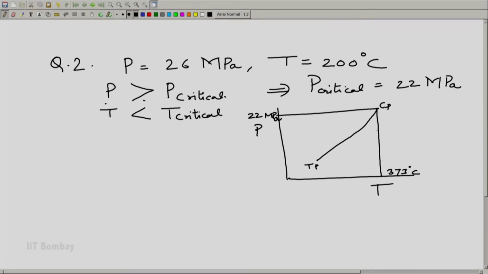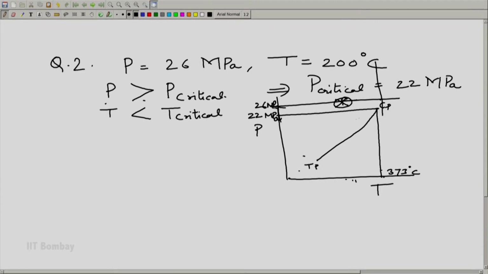So I am on this side of the temperature, and my pressure is above this. Let us say this is 26 MPa. So 26 MPa and less than 373 degree centigrade. So I am sure my point lies somewhere here, because 200 is somewhere here as compared to 373.